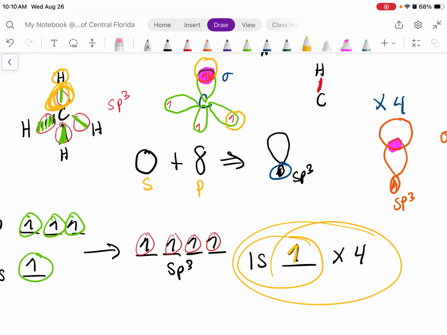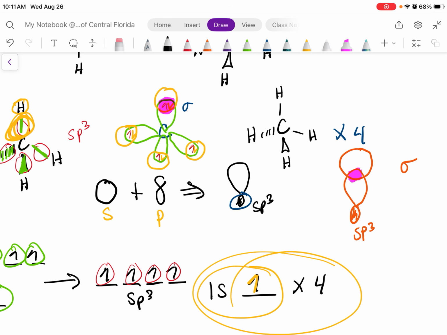So this is representing a hydrogen, and there's going to be orbital overlap, another 1s, and another 1s. So what we have here is sp3 hybridized orbitals overlapping with 1s orbitals.